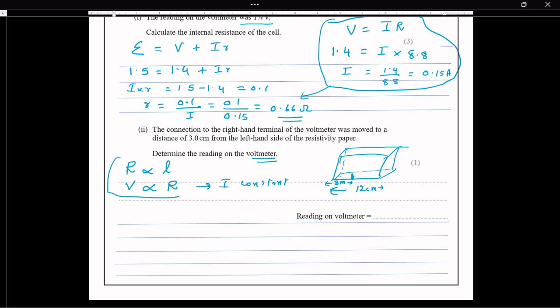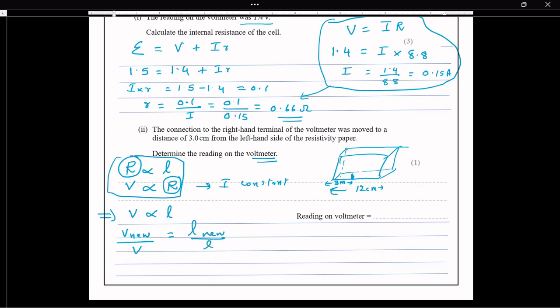So using these two, we have seen that R is directly related to L, and R is also related to V. That means we can say that V and L are related. That means the new voltage over V is the same as the new length over the original length.